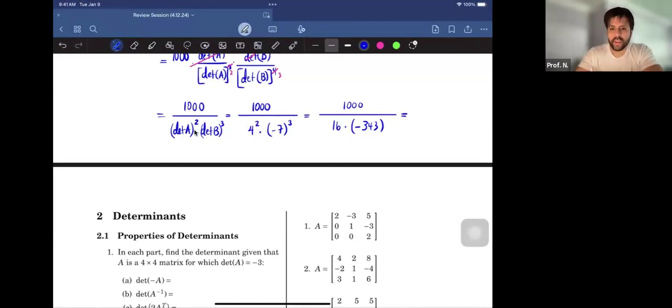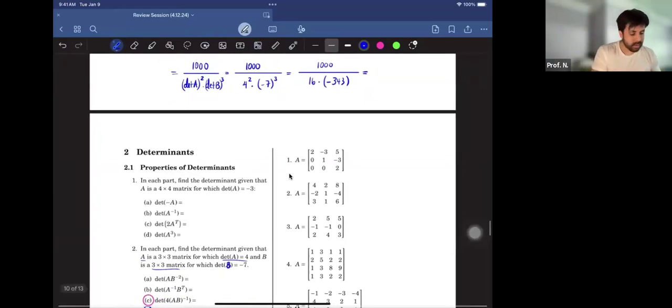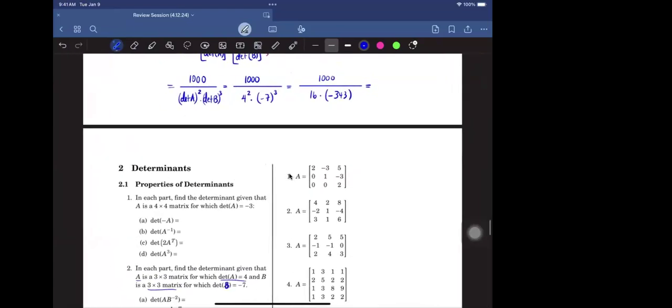Actually, you're right. Wait, what number did you get? Because I just wonder, because the determinant of B is negative 7, right? Correct. So if we cancel out in the process, the upper part, you can cancel an 8, right?